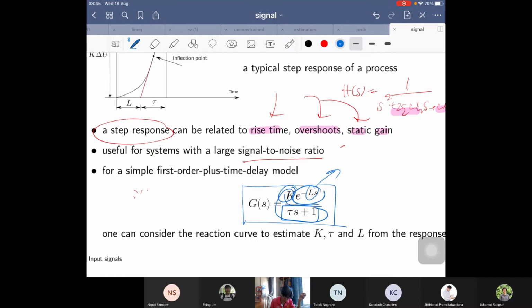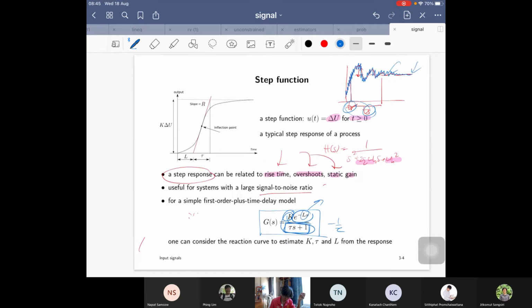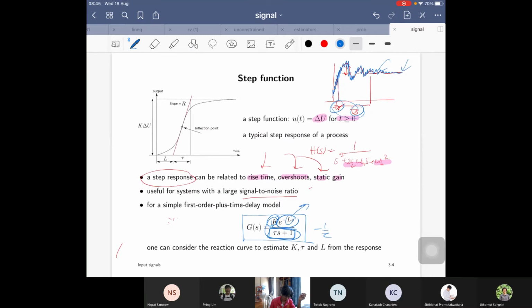It is first order because it has one pole here at minus 1 over tau. A lot of chemical processes can be represented in this way, and some higher order complex processes can also be approximated in this way.